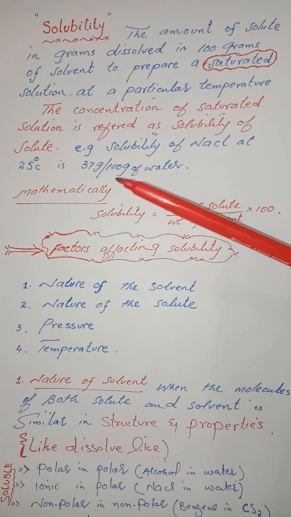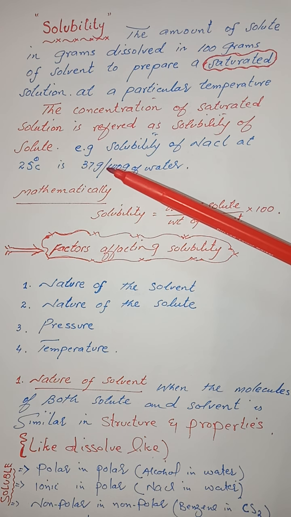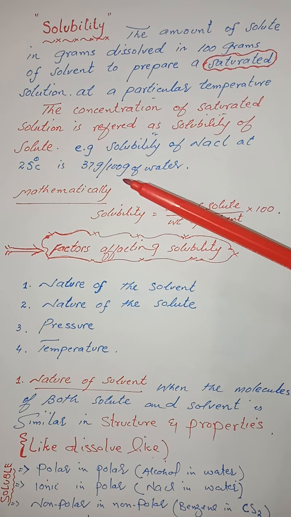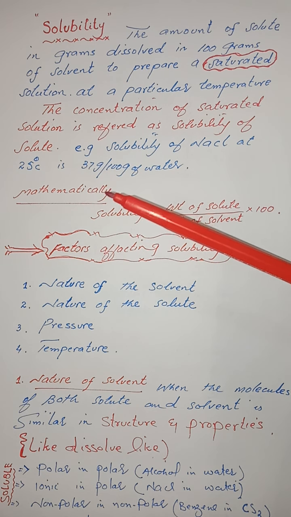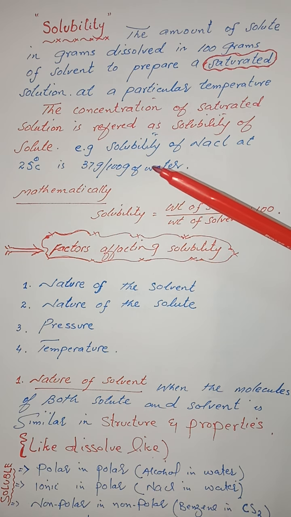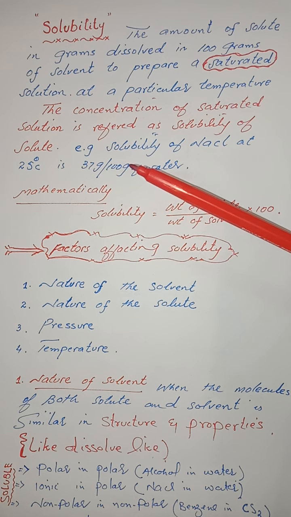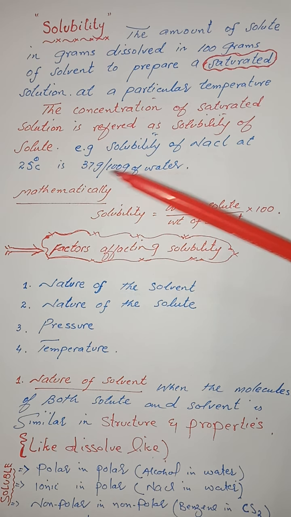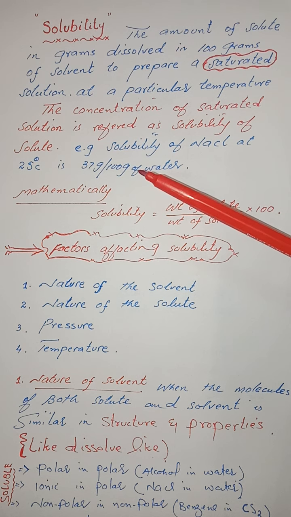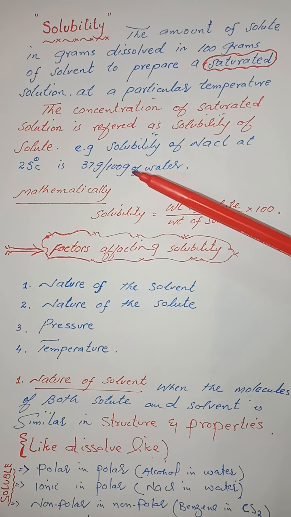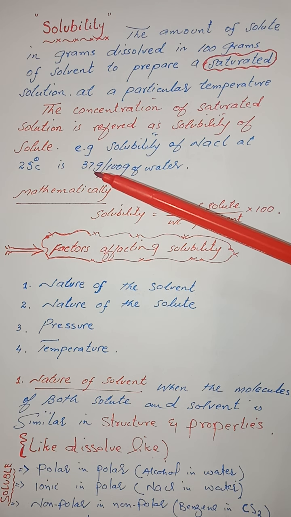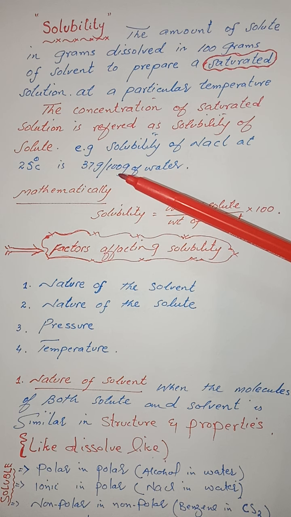when we say that the solubility of sodium chloride is 37 gram per 100 gram of water at 25 degrees centigrade, then it means that when we take 100 gram of water at 25 degrees centigrade, the capacity of this amount of water is to dissolve 37 gram of sodium chloride.